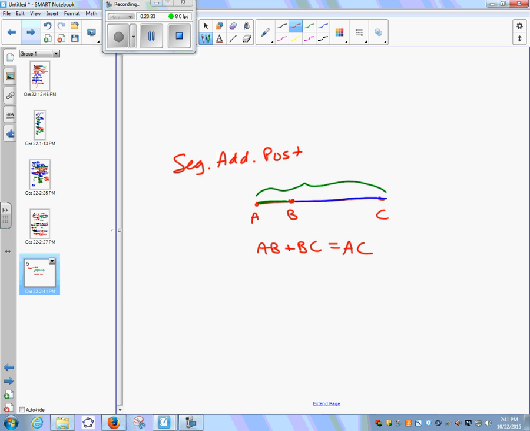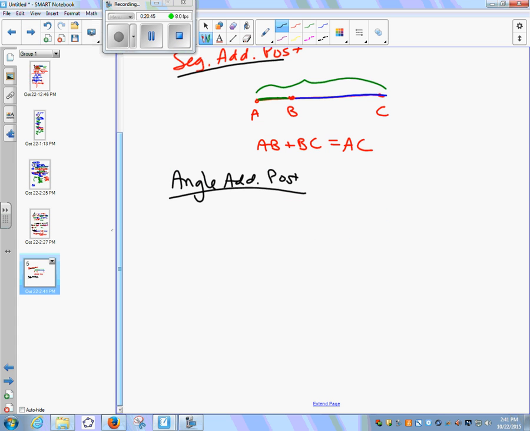I could change this word to angle addition postulate, and it's the same idea. It's always going to be describing two angles adding up, actually 2 or 3 or 4 angles, adding up to the whole angle. This angle plus this angle equals this whole angle. So you would say measure of angle ABC plus the measure of angle, what would I name next?